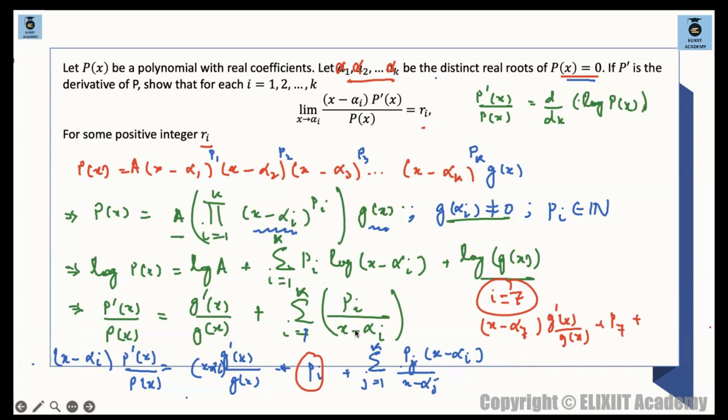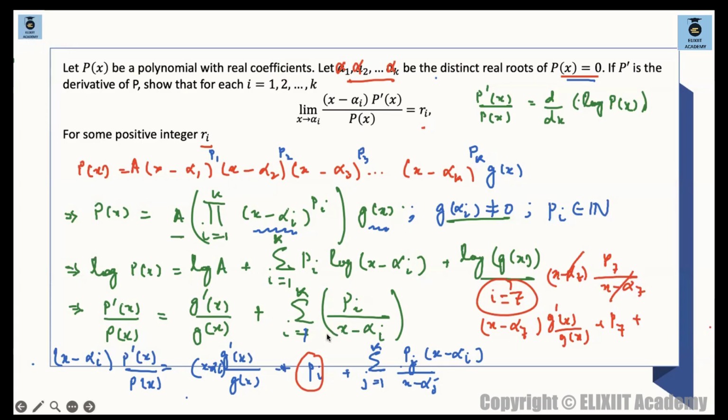Only the 7th term, that is (x minus alpha 7) into P7 divided by (x minus alpha 7). This is x minus alpha 7, so this term and this term will cancel out. Only P7 will be remaining. What about the remaining terms? As it is.